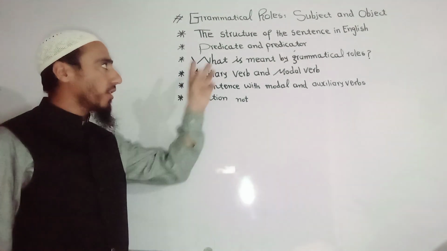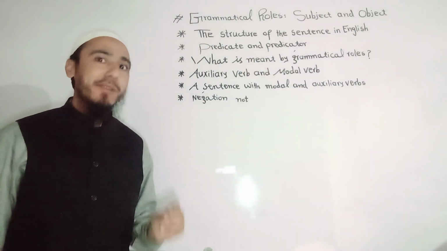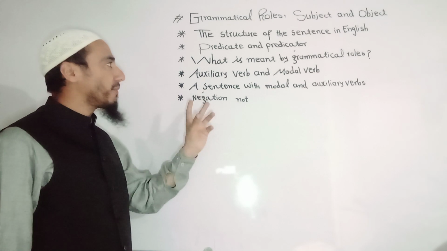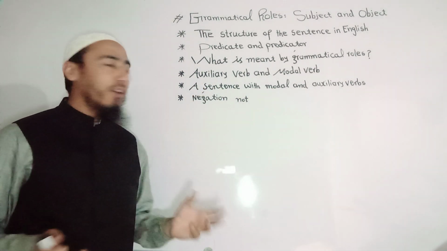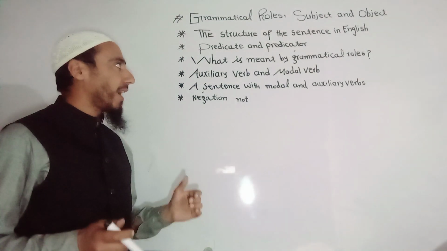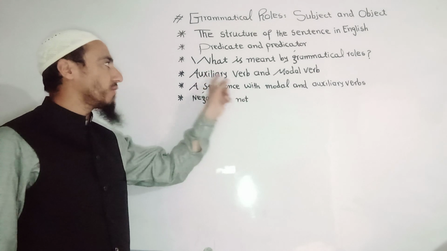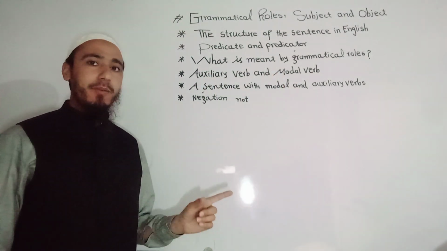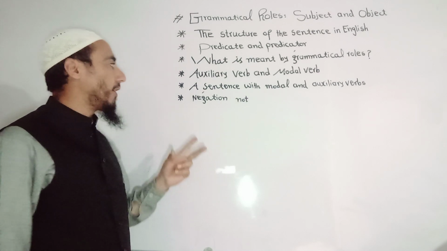Connected to this, you will know the main difference between predicate and predicator. Furthermore, we will explain what are auxiliary verbs and modal verbs and what is the relationship between auxiliary verb and modal verb and what role do they play with the main verb.